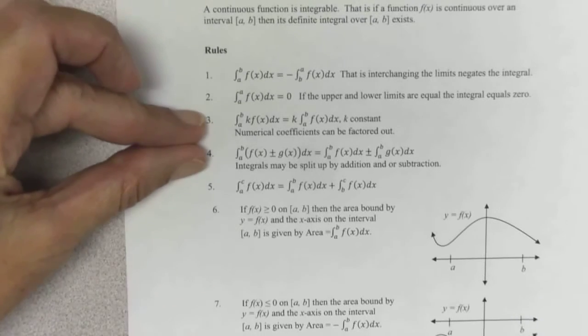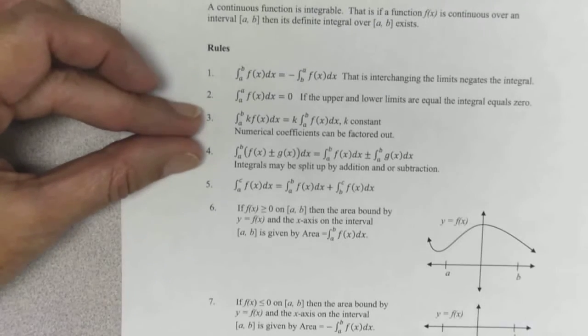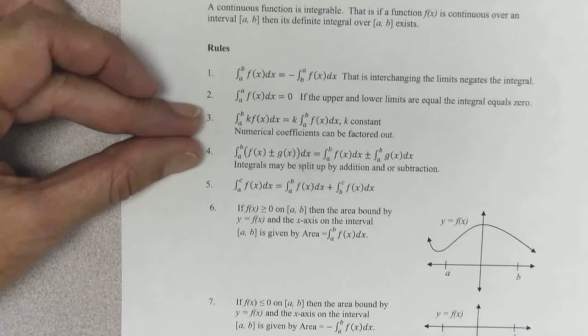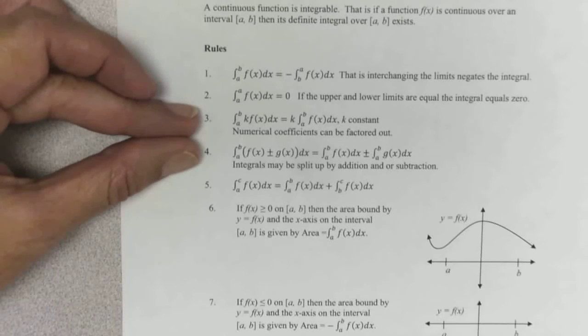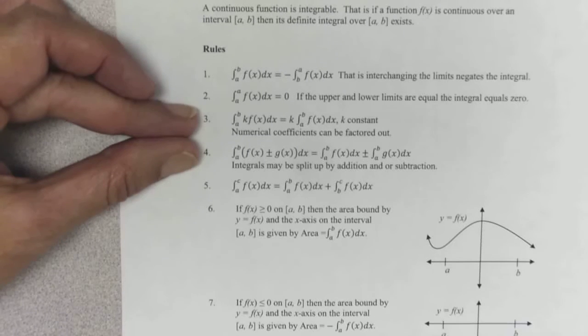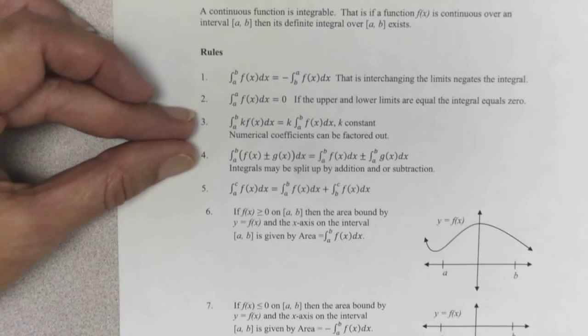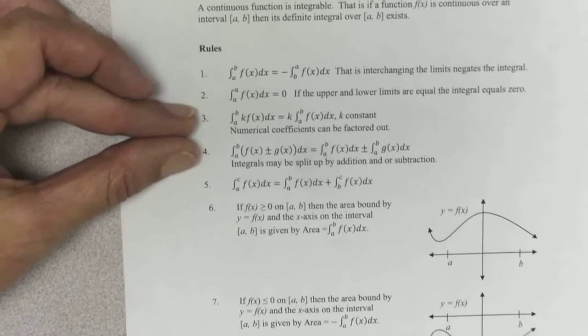So there seems to be a lot of similarity in the notation between definite and indefinite integrals. Now there seems to be similarity in some of the rules between indefinite and definite integrals. And we are moving to trying to connect those two things.